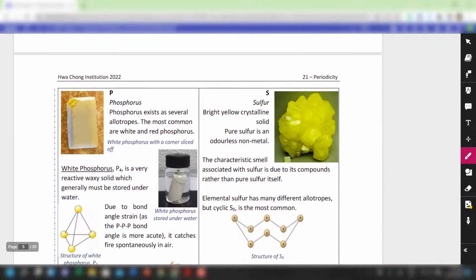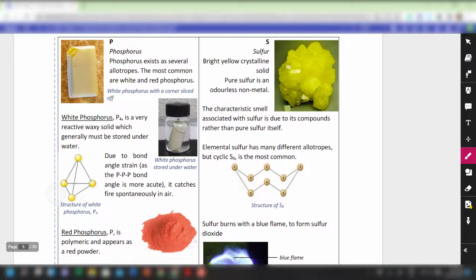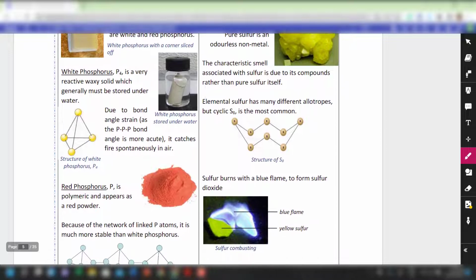Okay, phosphorus is probably something which you are not very familiar with. You might have seen it before in other aspects of your life, but in chemistry you probably have not seen many reactions involving phosphorus. There are different types of phosphorus, white phosphorus, red phosphorus, many allotropes.